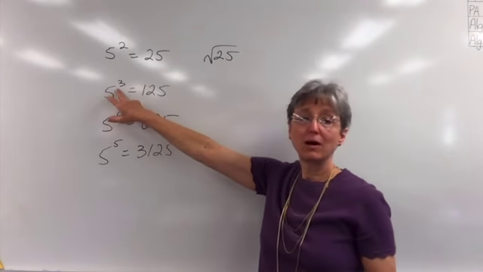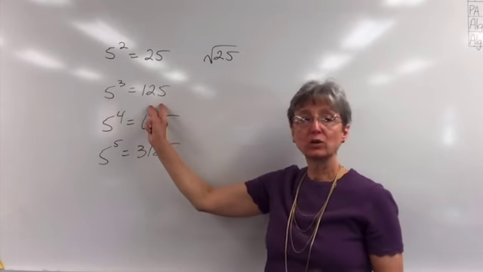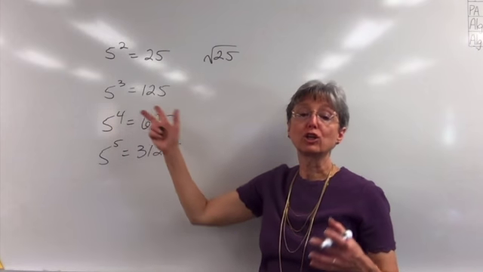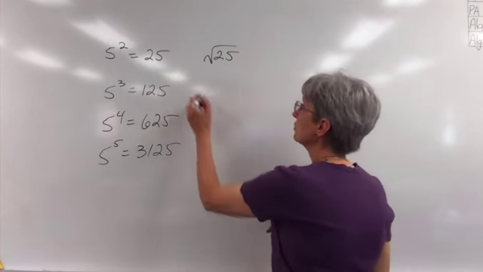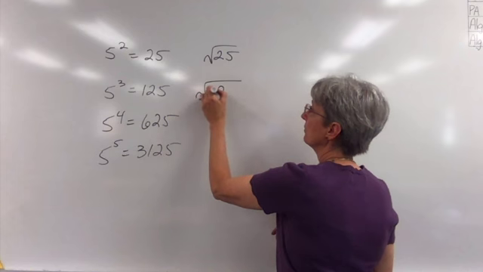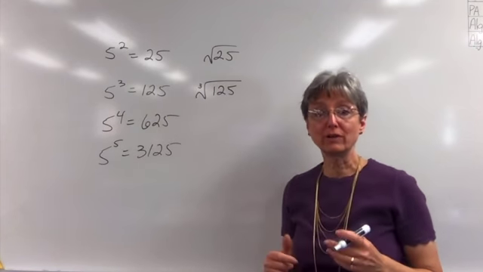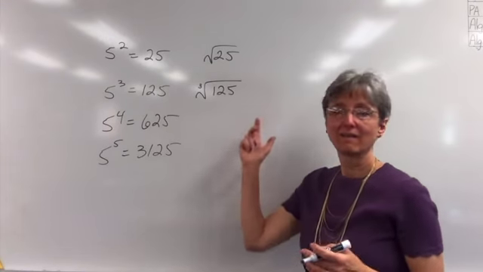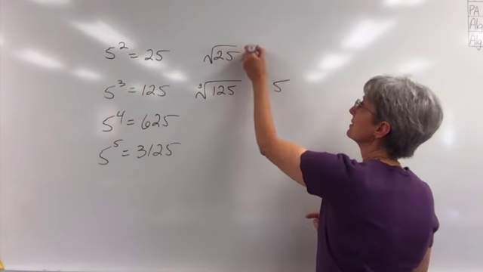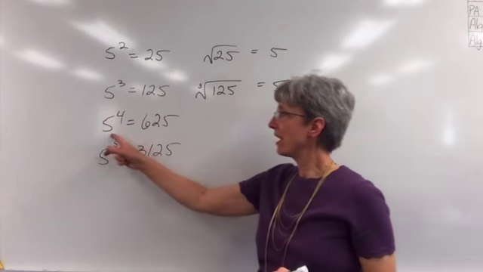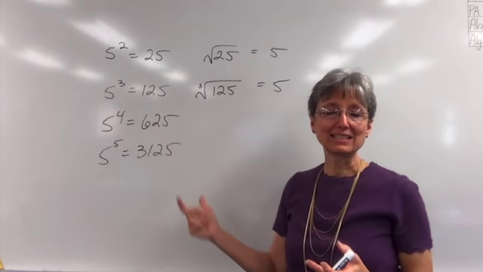Or 5 to the power of 3 is 125. So the cube root of 125, and we're going to go over this, that's how you do the cube root. The cube root of 125 is 5, right? Or 5 to the power of 4 is 625.